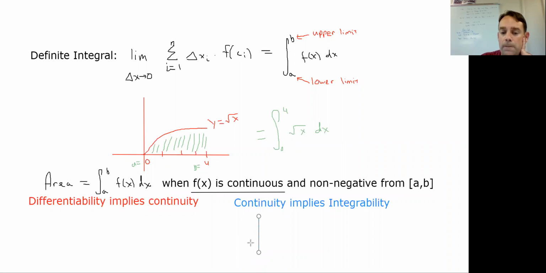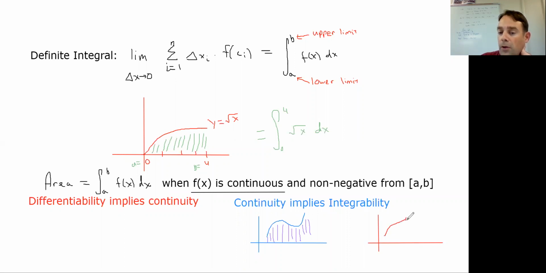If I have a function, if it's continuous, that means I can find the area underneath the curve. Continuity implies integrability. Now, likewise, it doesn't mean that if I can take the integral, that it's automatically continuous. So, for instance, take a function like this.